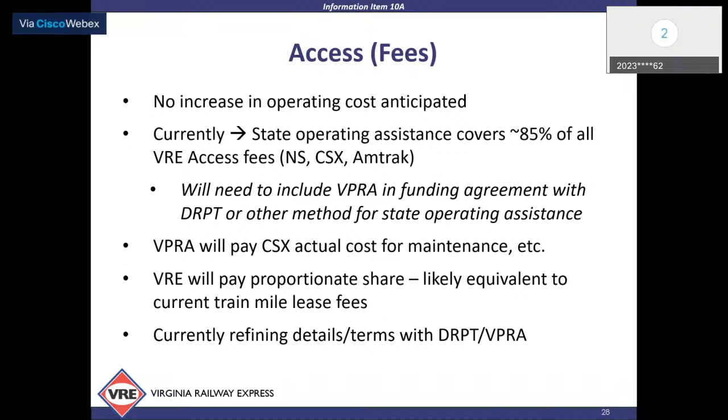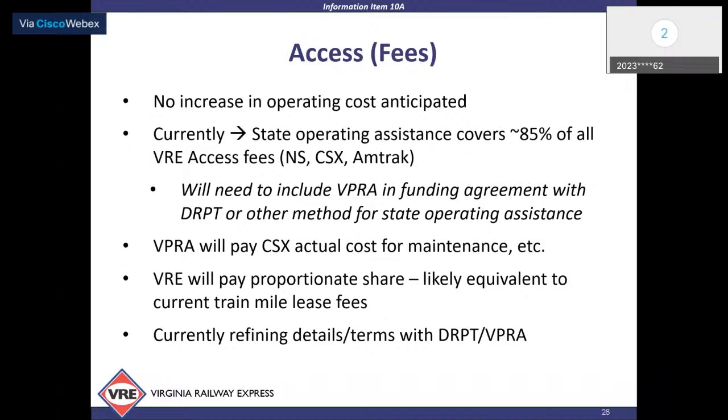One of the other elements here is that through our discussions with DRPT staff, the rail authority will essentially pay CSX actual costs for maintenance and so on. But it's contemplated that VRE will just simply pay a proportional share of those costs.